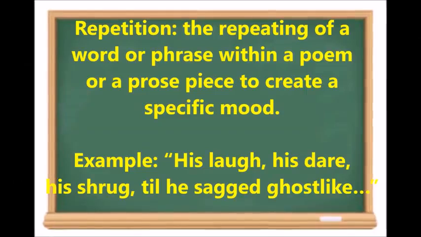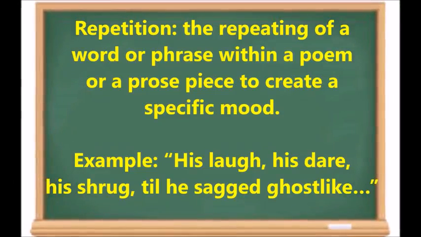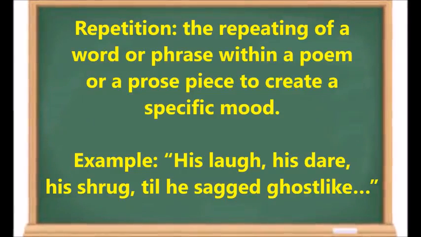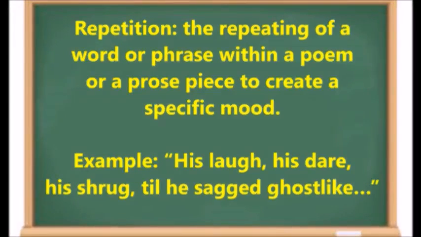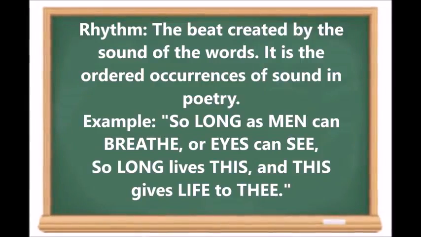Repetition is simply repeating important lines or words at the end of sentences to create a mood for a certain poem. Rhythm is the beat created by the sound of the different words.